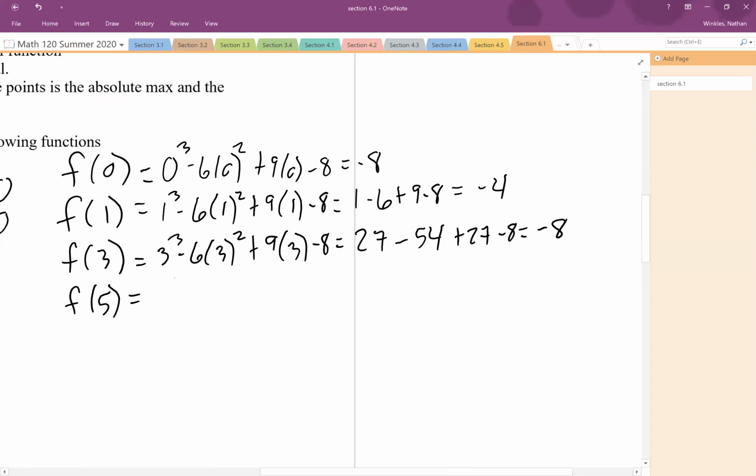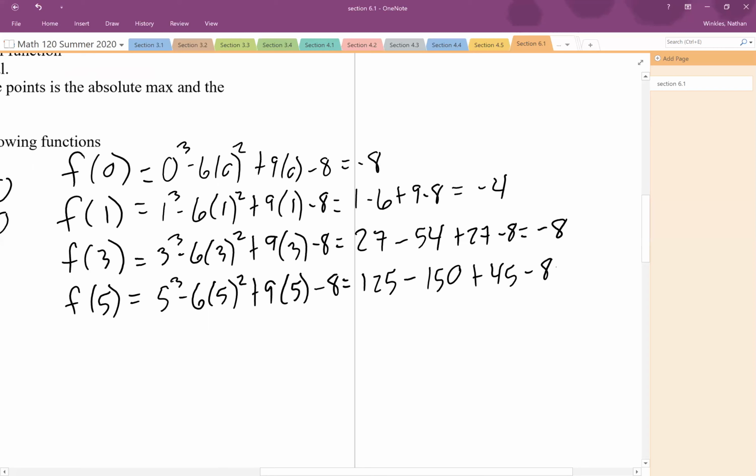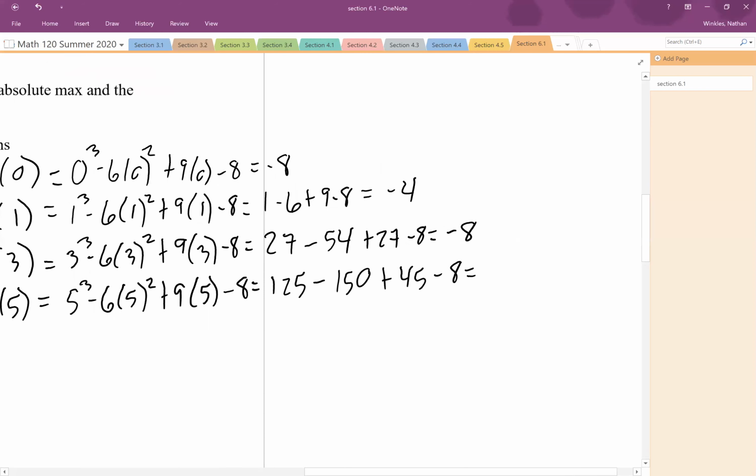Plugging in 5 cubed minus 6 times 5 squared plus 9 times 5 minus 8 gives us 125 minus 150 plus 45 minus 8, which is negative 25 plus 45 minus 8, and that gives us 12.